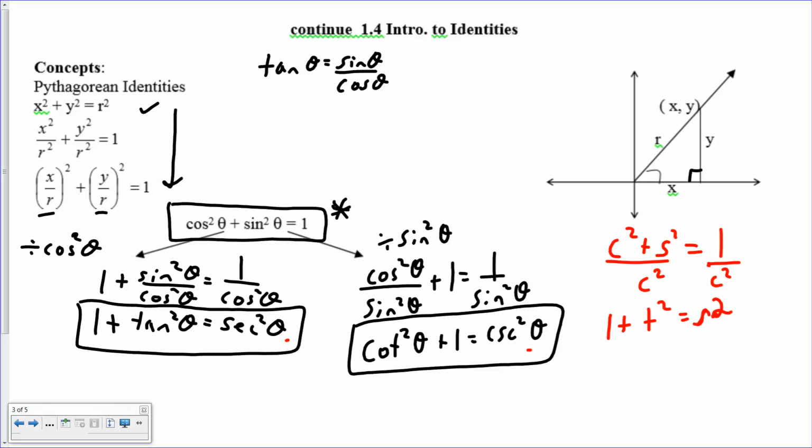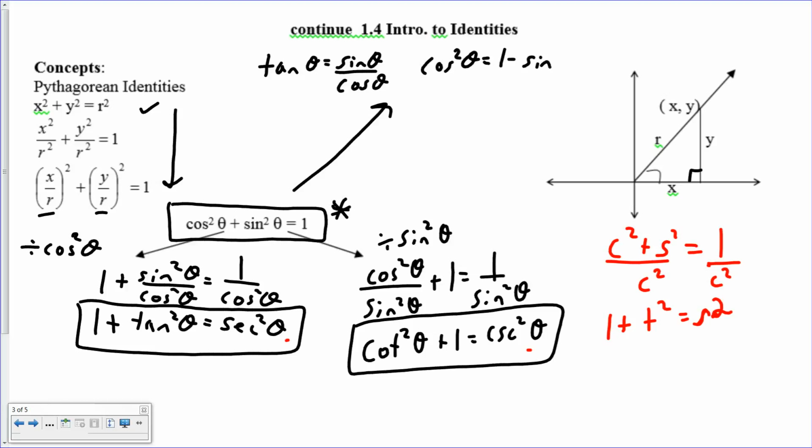The other part of this, which is important to know, is that you can change the form of this main Pythagorean identity by moving things and taking square roots of both sides. For example, if I were to solve this for the cosine theta or cosine squared theta, you can do one manipulation. You could say that the cosine squared theta is equal to 1 minus the sine squared theta.